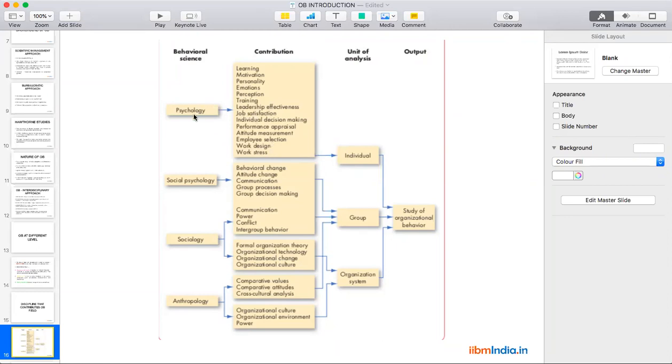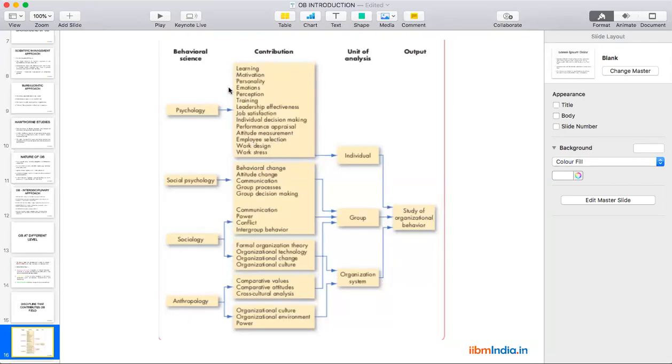And because of psychological analysis, because of psychological measurement, we can actually understand all these basic parameters: learning, motivation, personality, emotion, perception, training, leadership effectiveness, job satisfaction, individual decision making, performance appraisal, attitude measurement, employee selection, work design, and work stress.